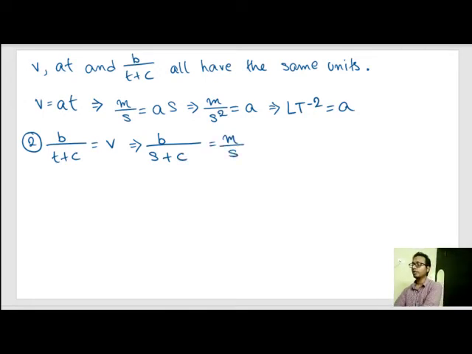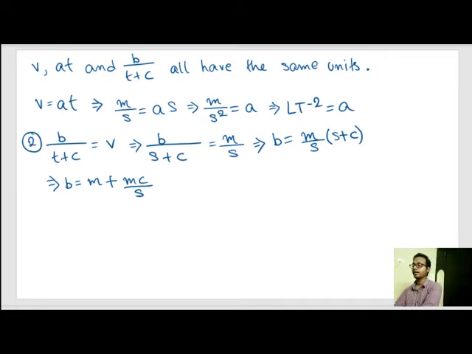Okay, so now let's cross multiply and isolate the b. That means b is equal to m by s into s plus c, or b is equal to m plus mc by s.